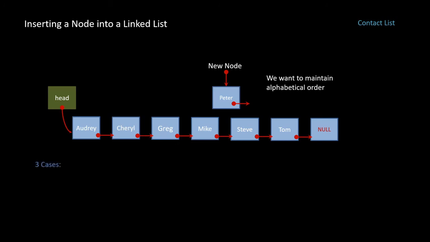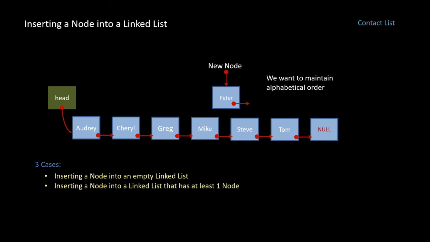Okay, so I want to be able to insert this in between the node for Mike and the node for Steve. So what happens is I've got three possible cases that can happen. I can insert a node into an empty linked list. That's really not a problem, and we've done that already previously. I can insert a node into a linked list that has at least one other node.